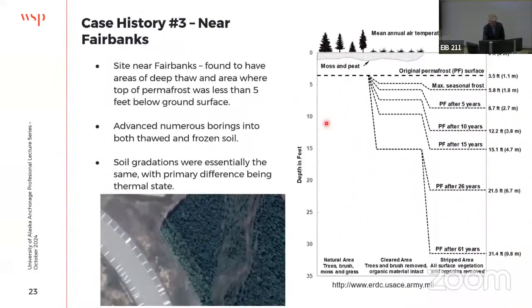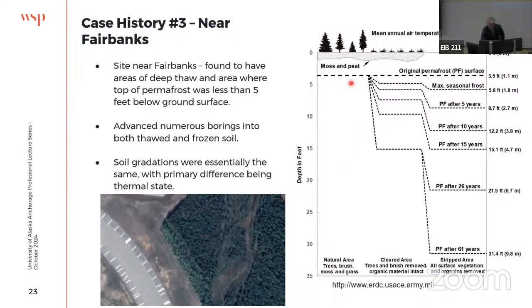All right, so we're going to talk about another case history. Case history near Fairbanks, and this is not one where we've evaluated or where we've seen liquefaction, but it's one that we considered whether we have liquefaction or not. So we have this nice figure here, and we have this area that's been cleared for a long time, and then we have this area that's treed.